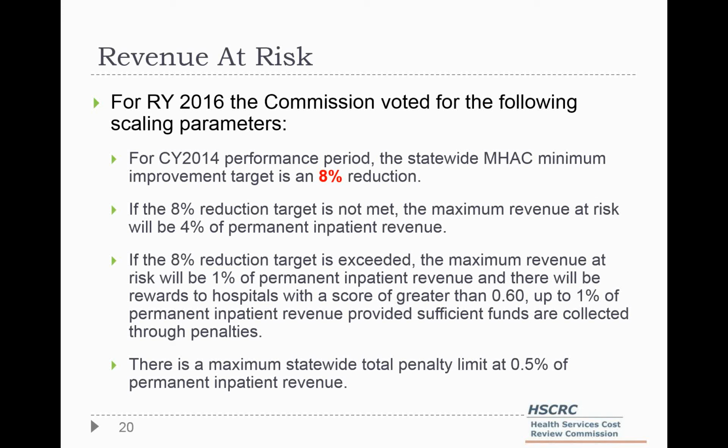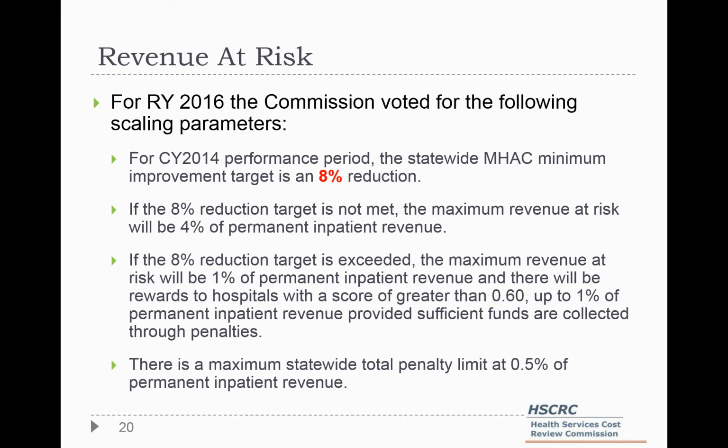If we don't achieve the 8% reduction, the maximum revenue at risk will be 4% of inpatient revenue. However, if we do achieve the 8% reduction, the maximum revenue at risk will be 1% of permanent inpatient revenue, and there will be rewards to hospitals with a score of greater than 0.6 up to 1% of revenue, provided there are sufficient funds collected through penalties.